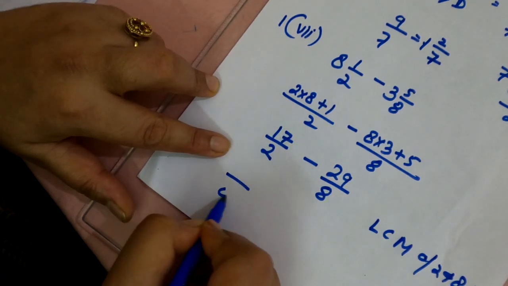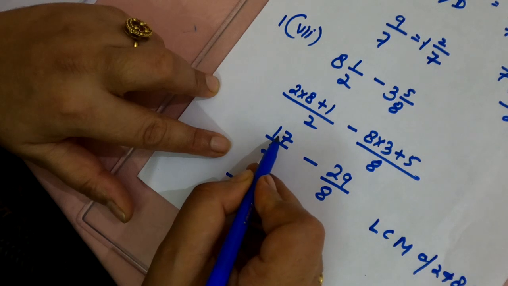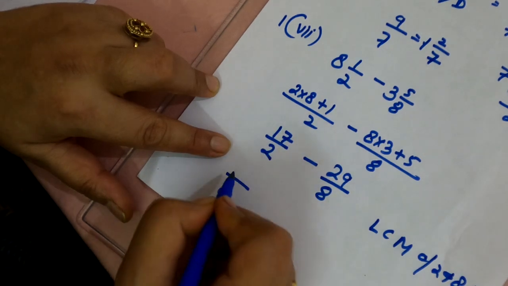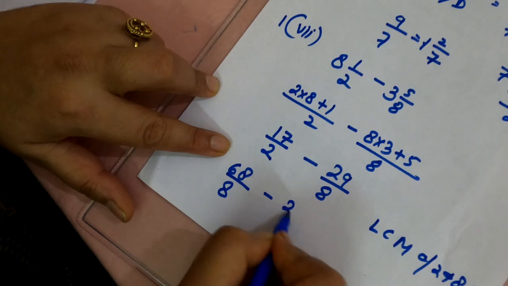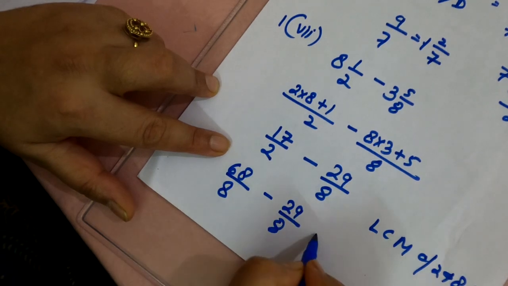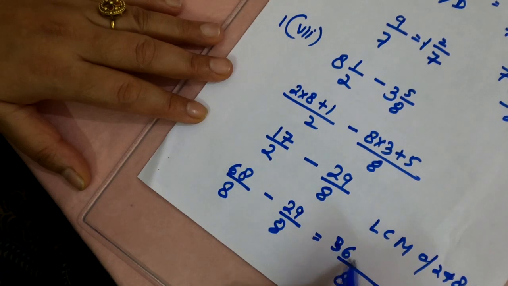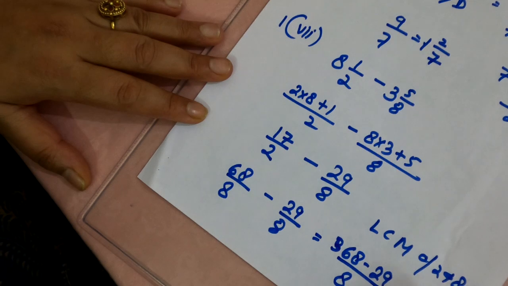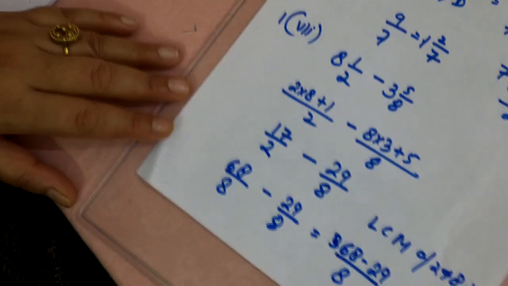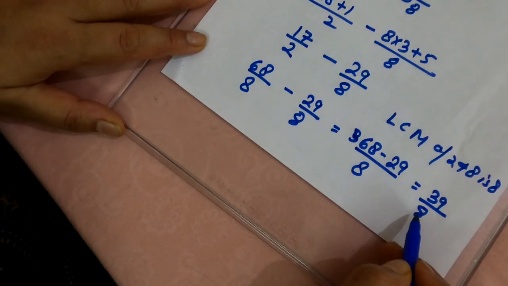So here is 8, this multiplied by 4 will give you 68 minus 29 upon 8. Therefore, the denominator should be 8. 68 minus 29 will be equal to 39 upon 8. Right? So we got 39 upon 8.